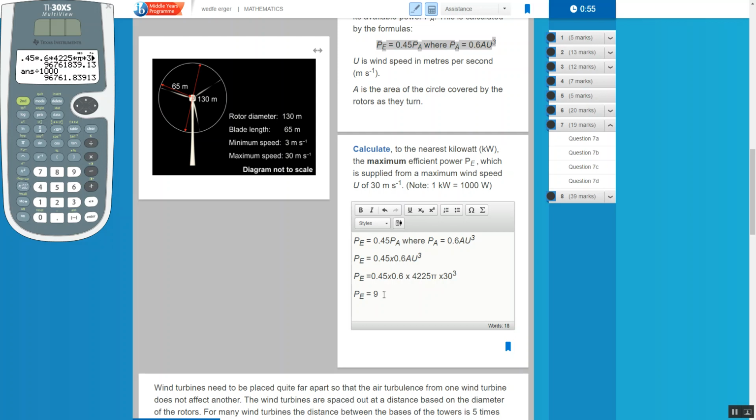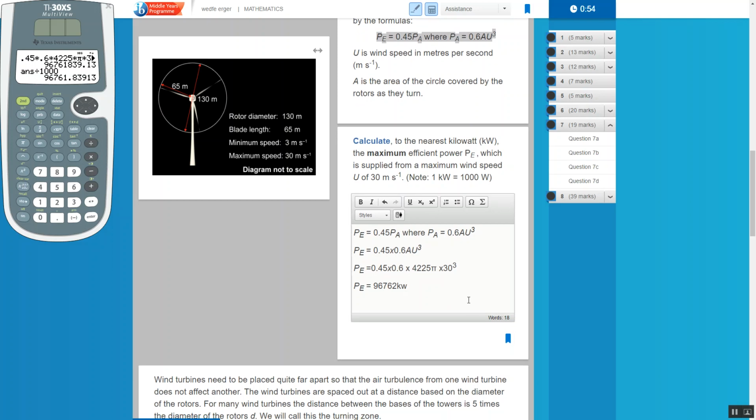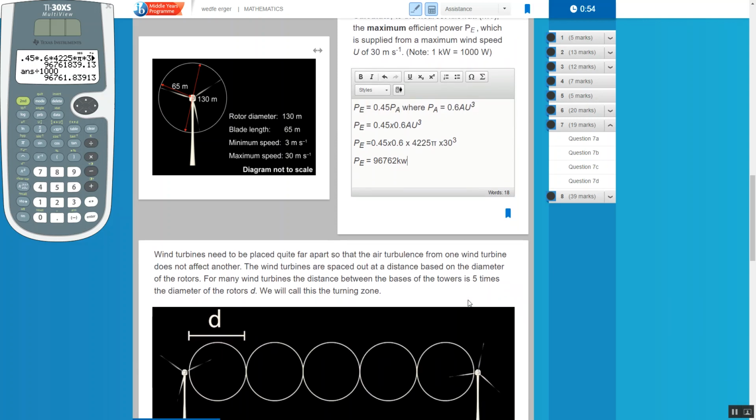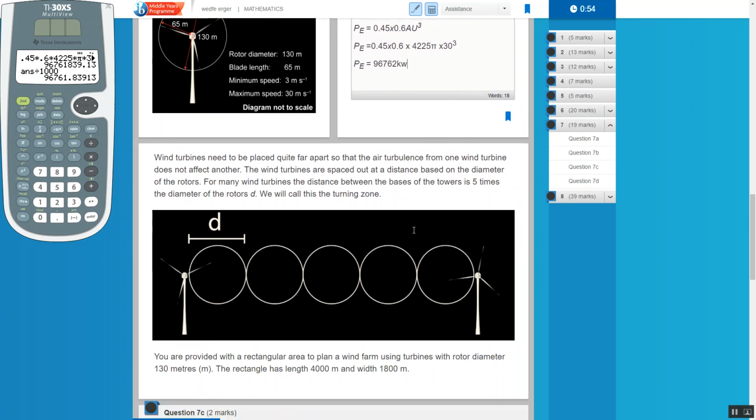Give me 9, 6, 7, 6, 2 kilowatts. Alright. So that's just substituting numbers into a formula.